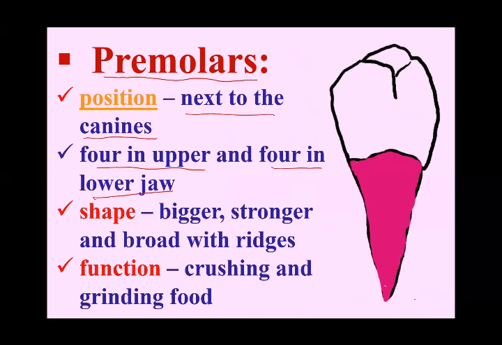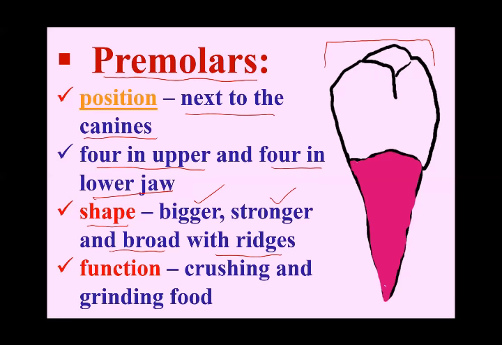Now we will see the shape of the premolars. These premolars are bigger, stronger, and broad with ridges. As you observe, these premolars are quite broad in comparison to the incisors and canines.